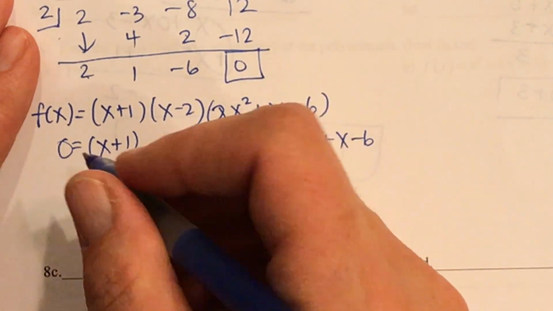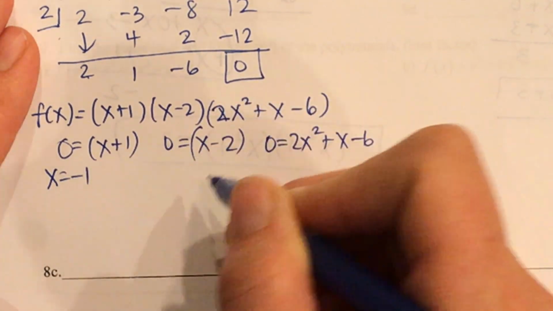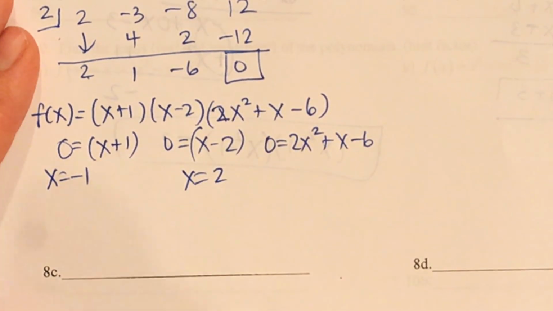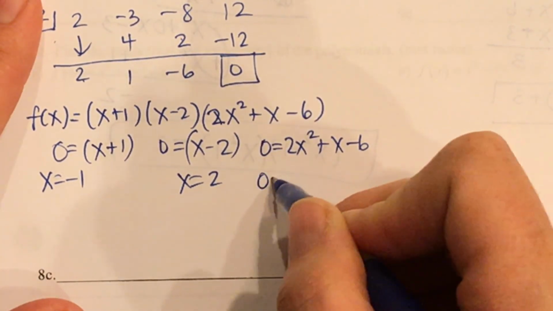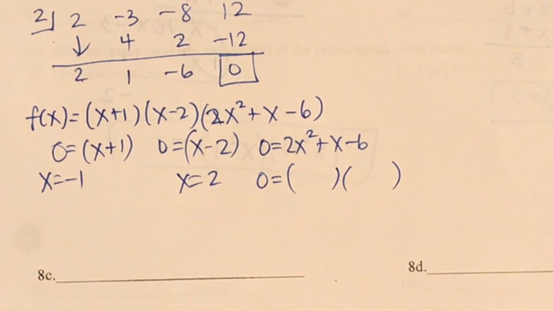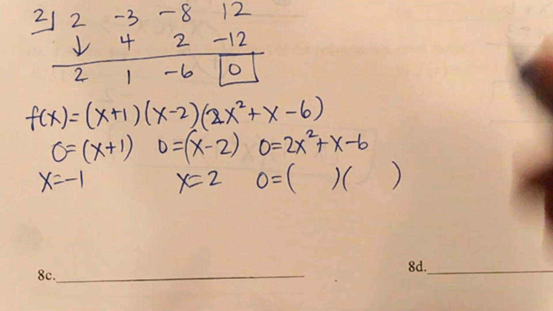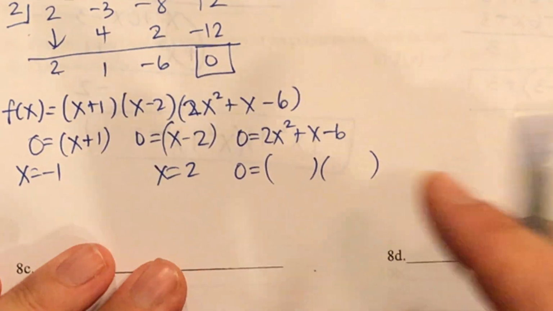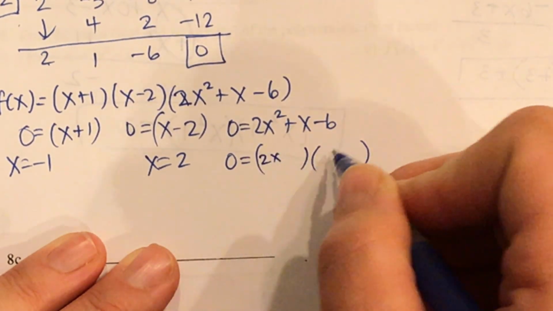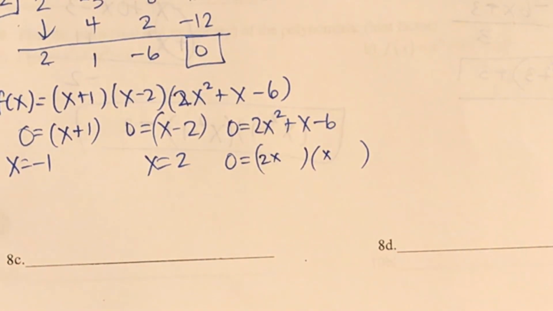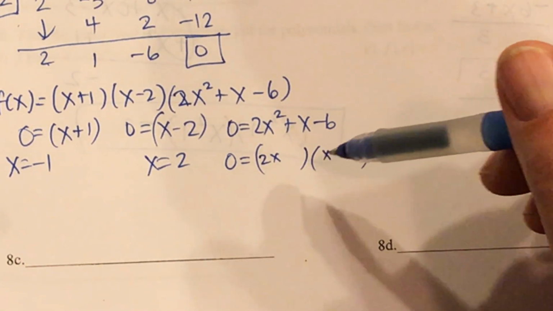This one gives me x equals -1. This one gives me x equals 2. Again, we knew those. Let's see about this, friends. If I go 2x and x, now I've got a 2 and a 3, or a 1 and a 6.